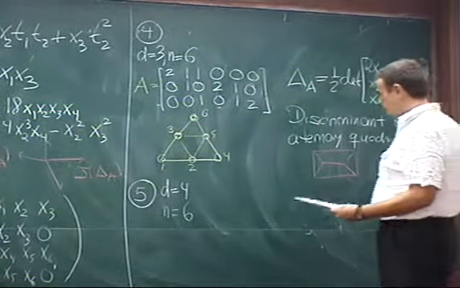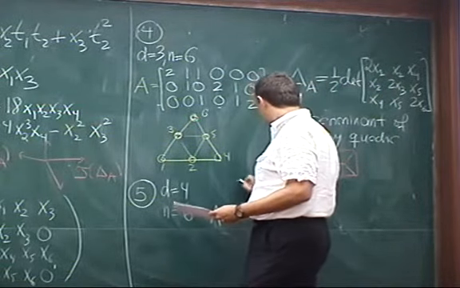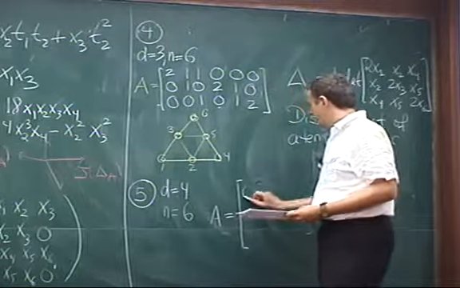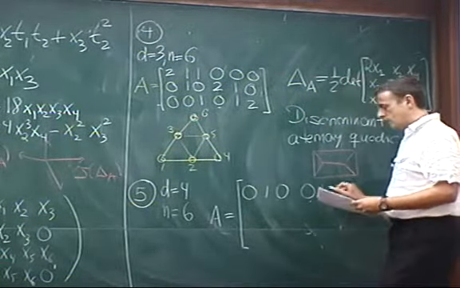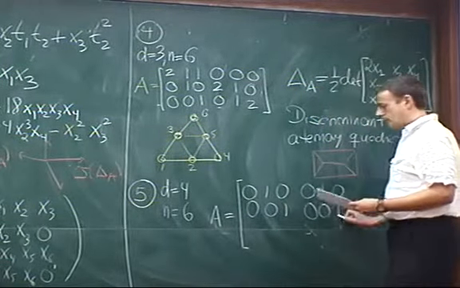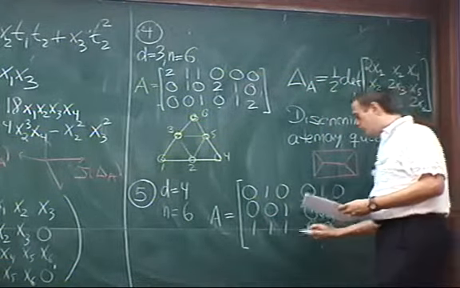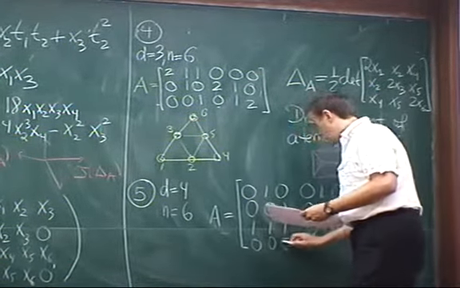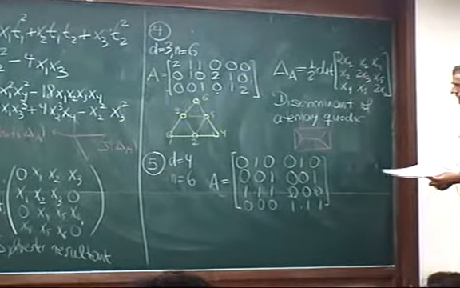And it's going to be the following matrix. 0, 1, 0, 0, 1, 0, 0, 0, 1, 0, 0, 1, 1, 1, 1, 0, 0, 0, 0, 0, 0, 1, 1, 1. Okay, so that's this matrix.